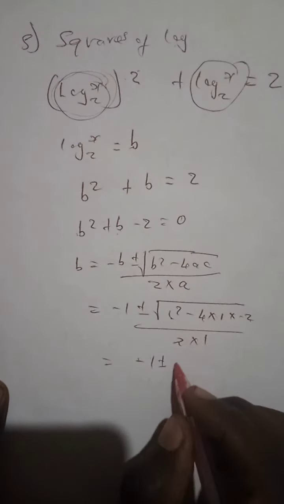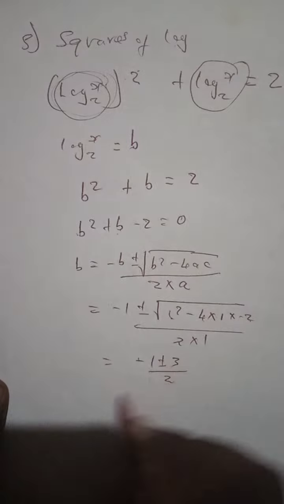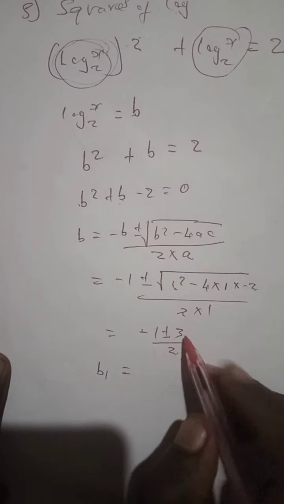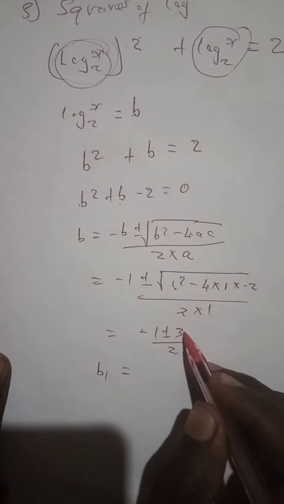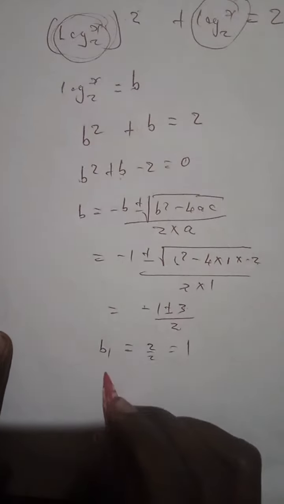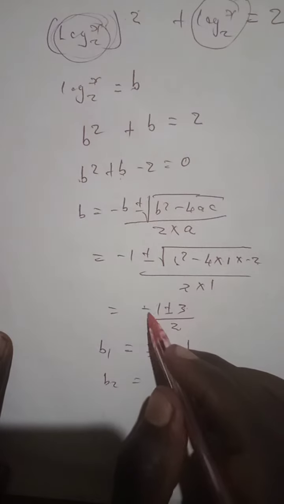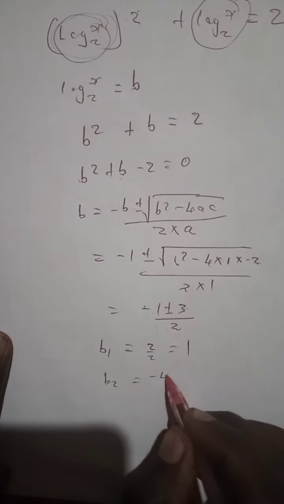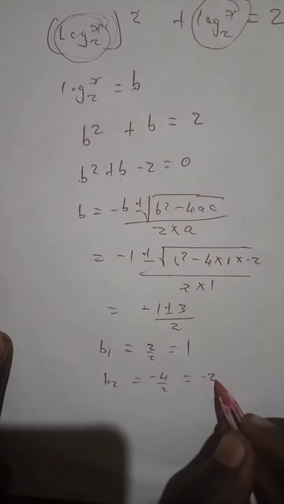The square root of 9 is 3, then over 2. That means our b1 is, for addition, negative 1 plus 3, which is 2. So 2 over 2 is the same as 1. Or our b2, for subtraction, negative 1 minus 3 is negative 4 over 2, which means negative 2.